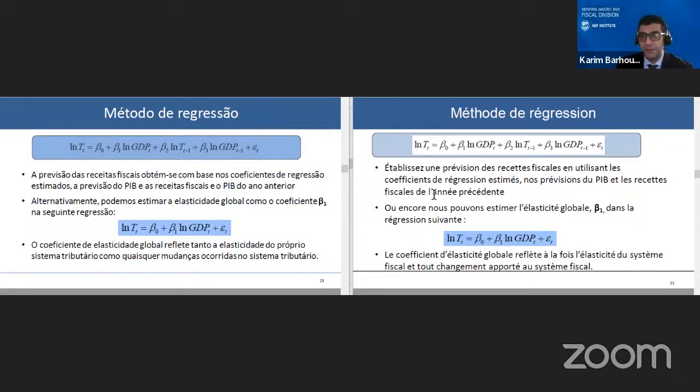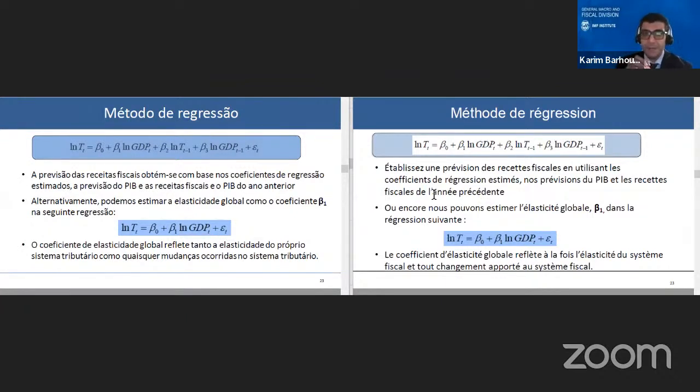That's the first one. The second approach is we can estimate the buoyancy by making the following regression: your tax revenue on the forecast of your tax base. And here, beta 1 is your buoyancy. As I highlighted previously, the buoyancy coefficient reflects both the elasticity of the tax system and any change in the tax system, right? That's what I want you please to keep in mind.